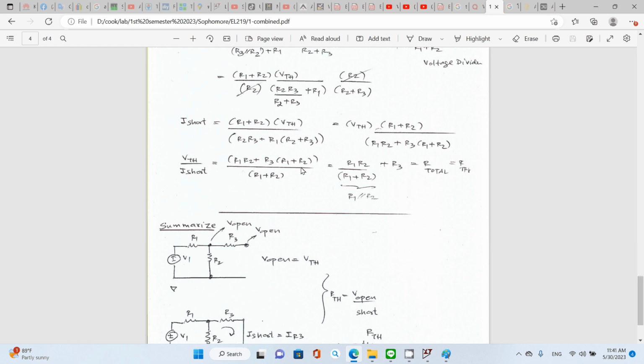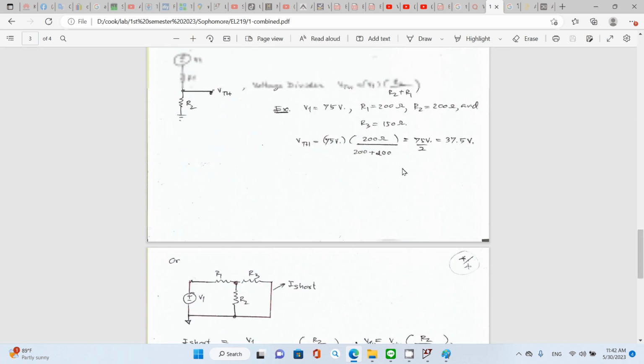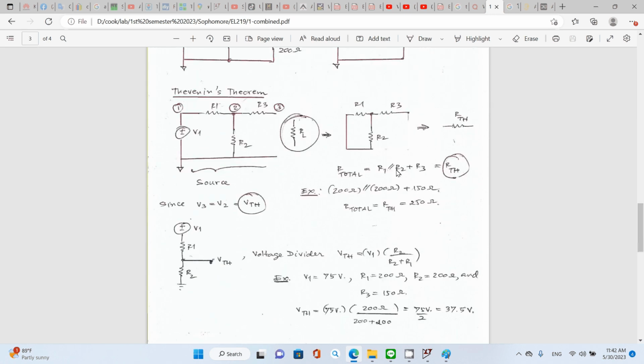And this one, you take a look at this. You take the common term out, this one, R1 plus R2. This one cancels out. So you have R1 R2 divided by R1 plus R2, and then plus R3. So it's the same as your R total that you calculated before.